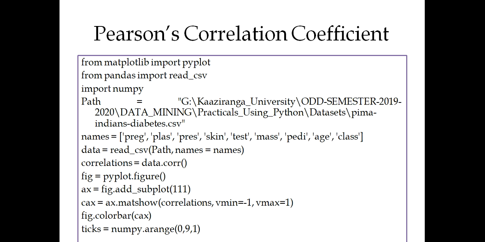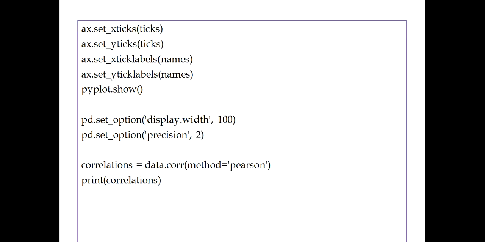Why, you already got it now. Then putting some colors for this with the fig colorbar option. Then we are having some ticks in the figure. So for that we are setting these ticks, numpy.arange 0 up to 9 up to 1. So accordingly, we have x-axis ticks, xticks, y-axis ticks, yticks, and then we are setting labels also, names, and then we are displaying them.